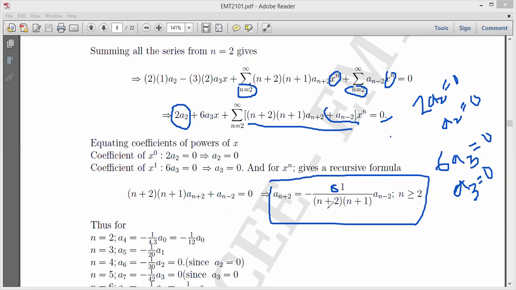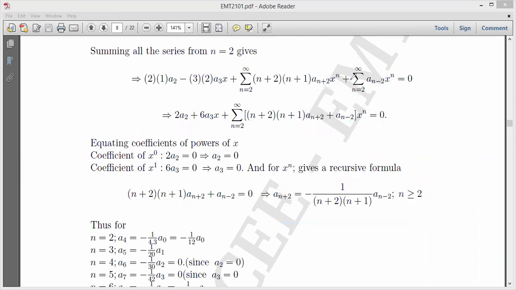Is that okay? So if you get this one here, that is when we are taking the powers of x, remember, and for x to the n, what does it give? For x to the n, you only have this term here. For x to the n, the other side, there is nothing. So if there is nothing, we equate this thing to 0, and then we make a(n+2) the subject, which gives us this. And from that, we have now a lighter task ahead of us.